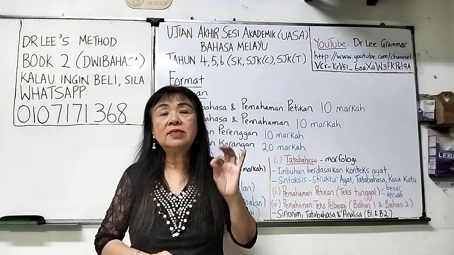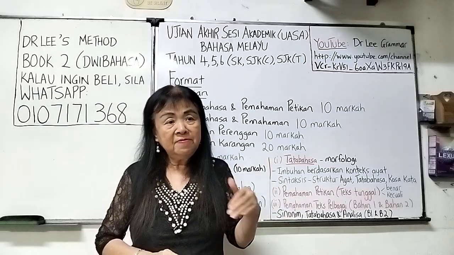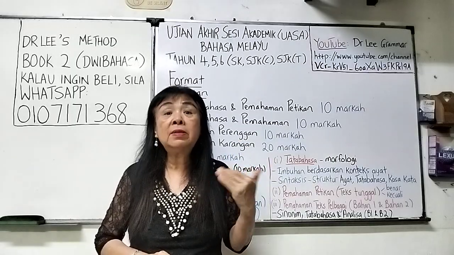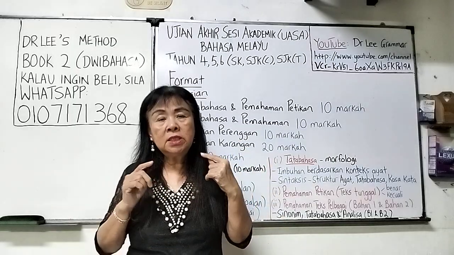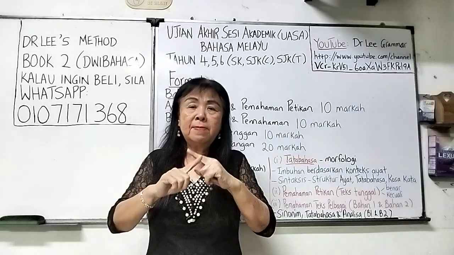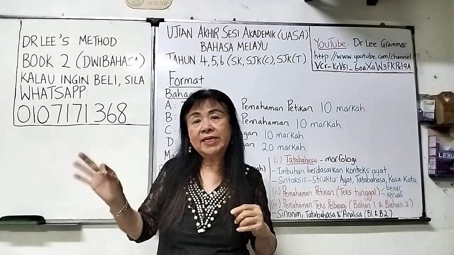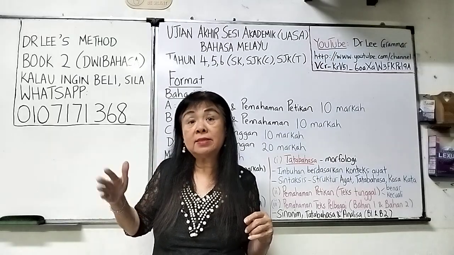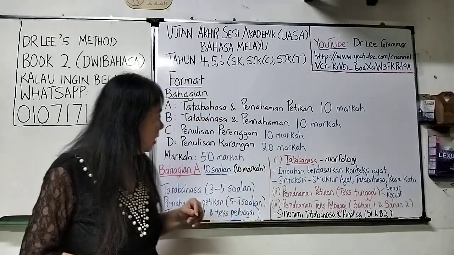So the student gets 64%. If a student gets 37 marks, we do the same thing. We multiply by 2 and we get 74%. So that student gets 74%.